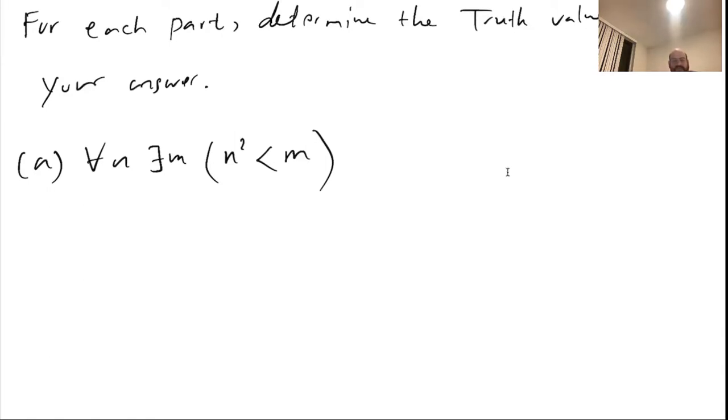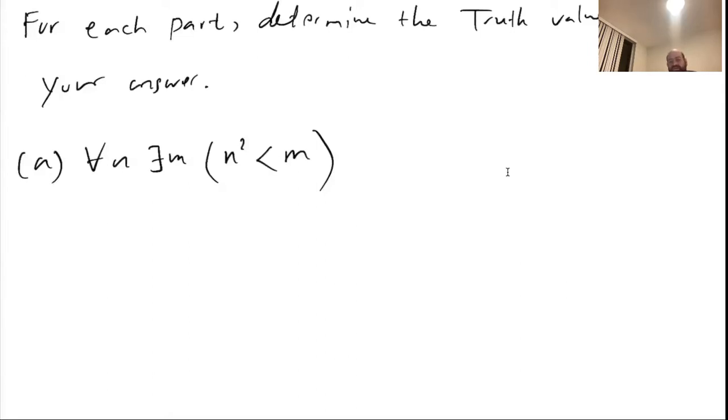So for this type of question, if you remember, we said that we should think about some examples to get some idea about the statement, whether it is true or false. For example, we want to know whether for each n there exists m such that n squared is less than m. Why don't we start with some n?